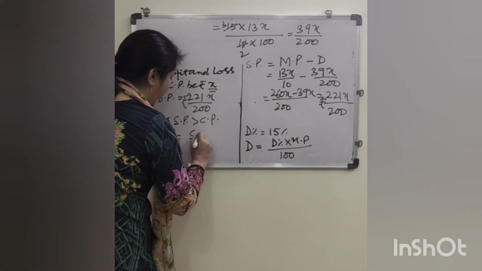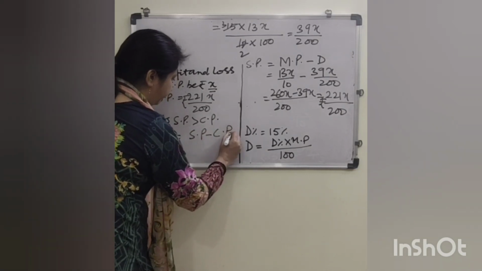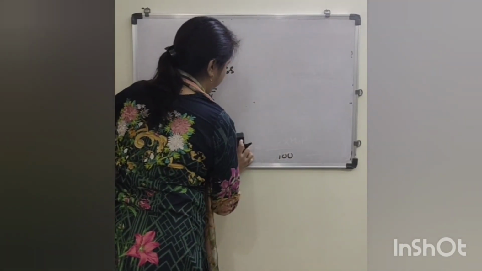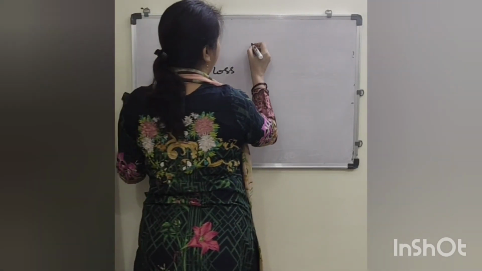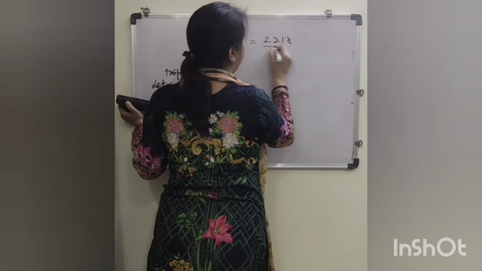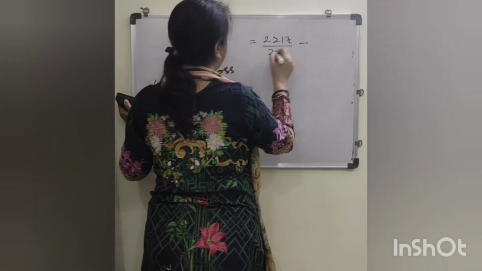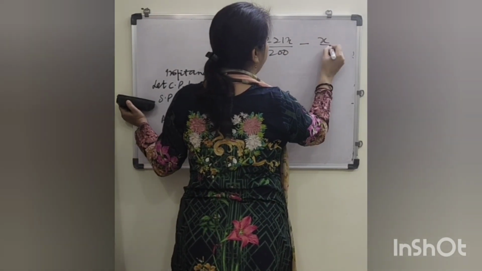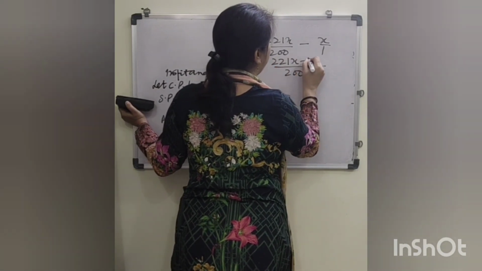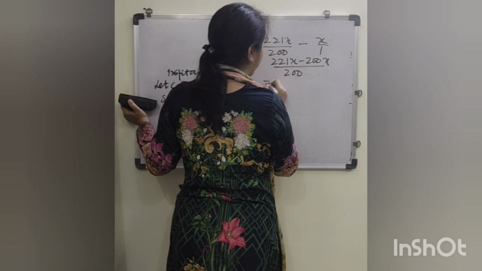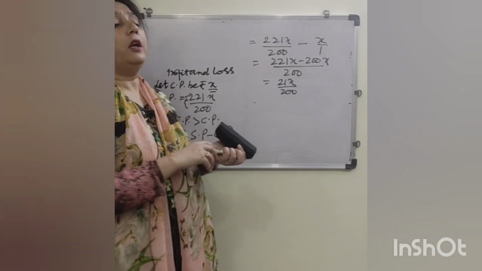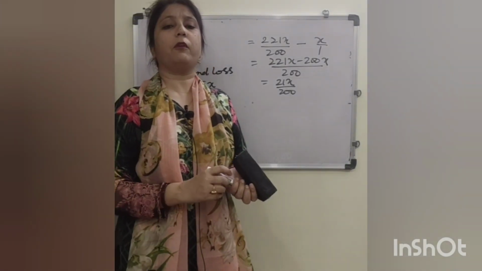Profit is equals to SP minus CP. So let us calculate profit. SP is 221x over 200 minus your CP is x. Again children, take LCM, that is 200. 221x minus 200x, it comes 21x over 200. This is your profit. Now you have to express this profit as a profit percent.